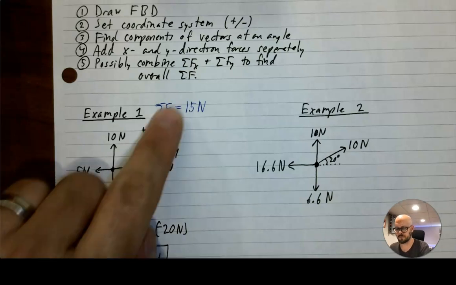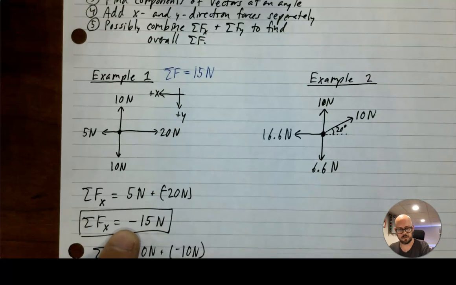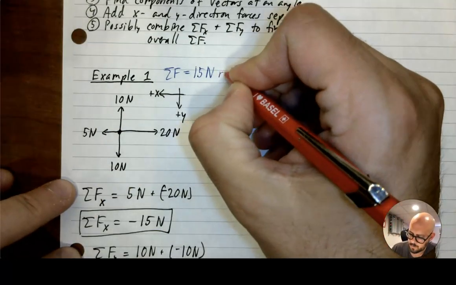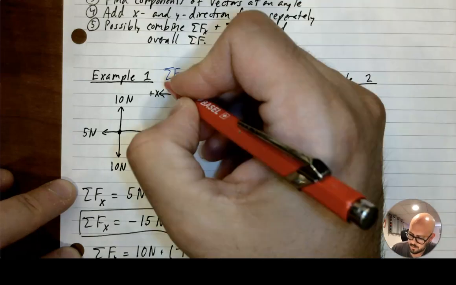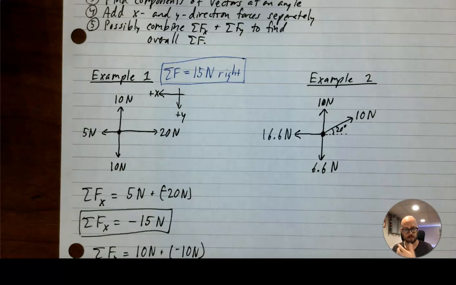And the net force is 15 newtons, well, negative in the x direction is going to be to the right. And so 15 newtons to the right is the net force on this system.